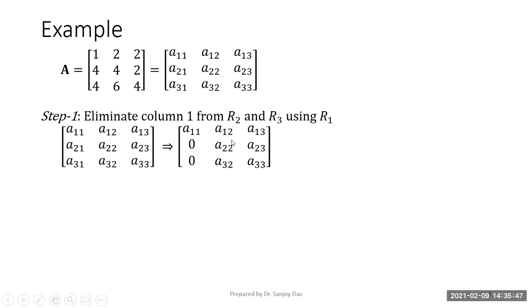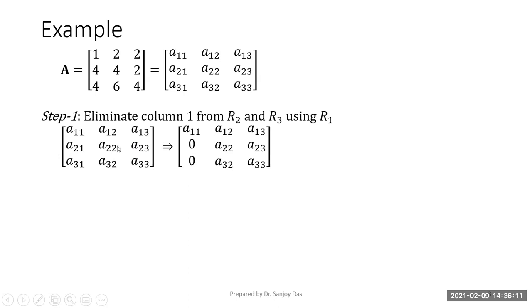What I will do is eliminate column 1 from R2. This is row 2, I call it R2, and this is row 3, R3, using R1, row 1, A11, A12, A13. So this is before step 1, and this is after step 1.